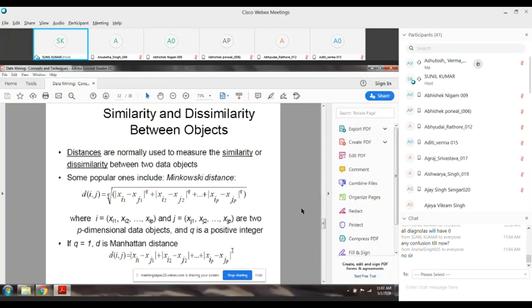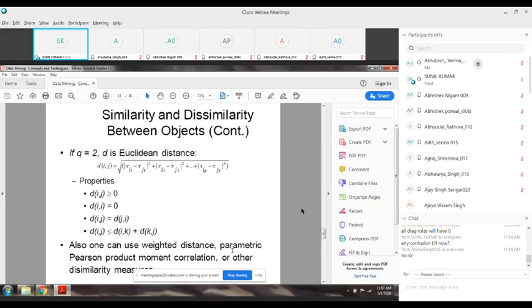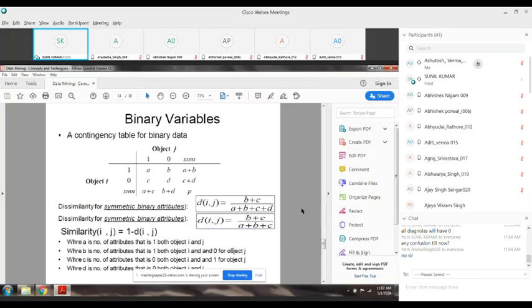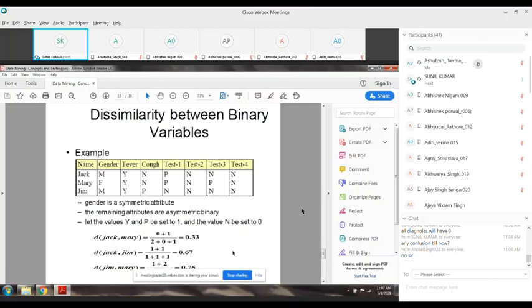How we are going to calculate the dissimilarity between two objects, and I will give you one example here. A binary variable you will take, and I will show you how to find the dissimilarity between two persons by giving a chart of various tests conducted between them. You can relate this example with the results of a coronavirus test.